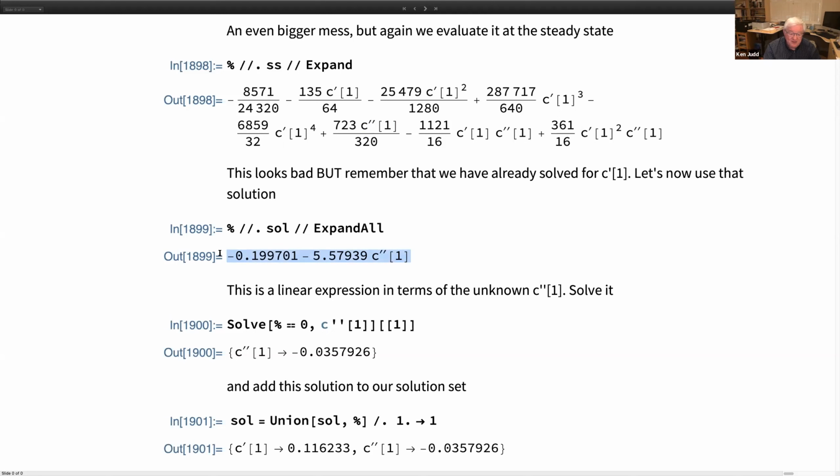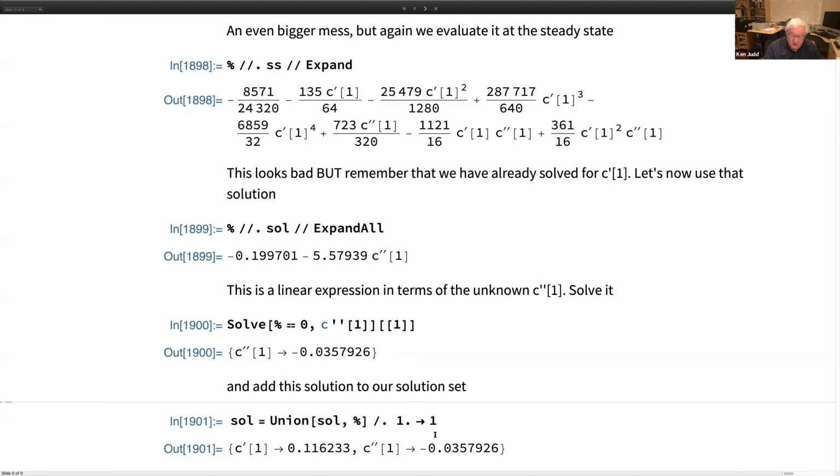And wow, look at this. This is a linear expression now. That's got to be equal to 0. C double prime shows up linearly. Wow, that's great. So we can solve it out, and now C double prime is minus 0.0358. What that says is that the consumption function is slightly concave.